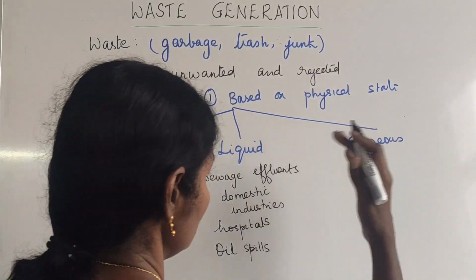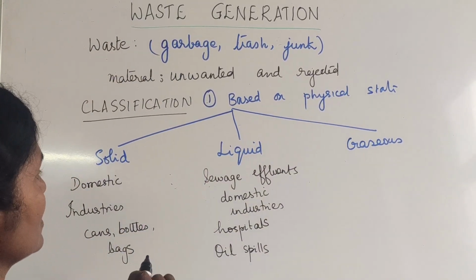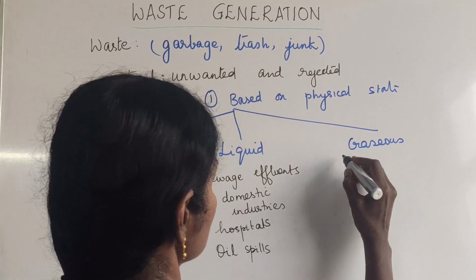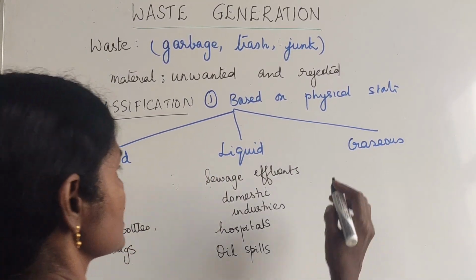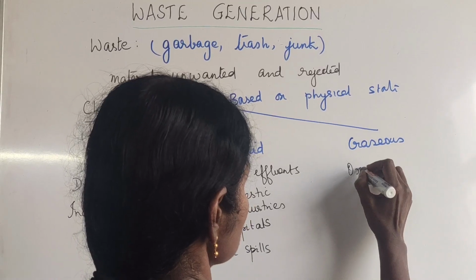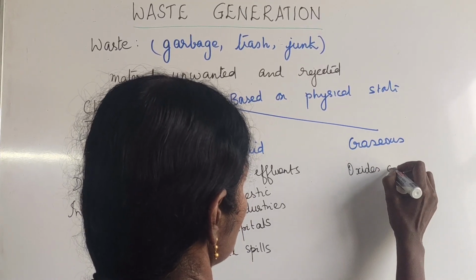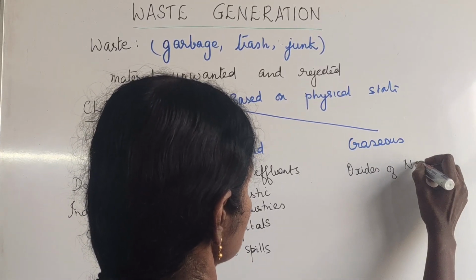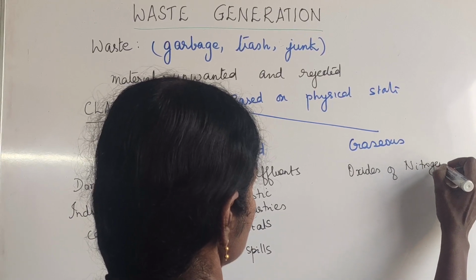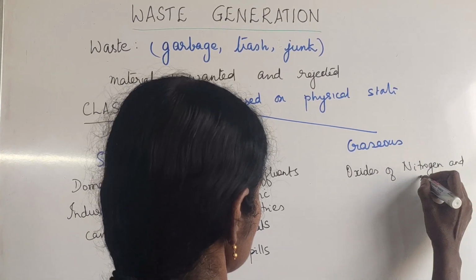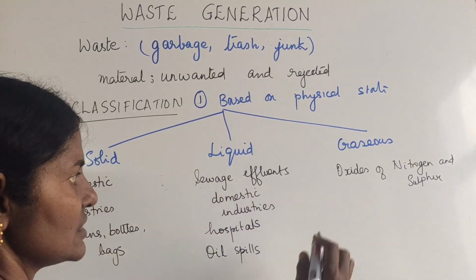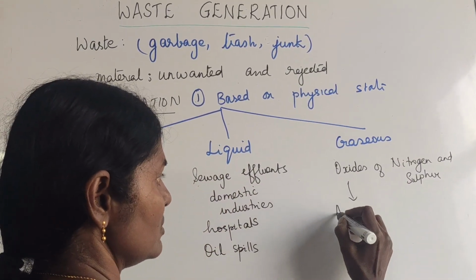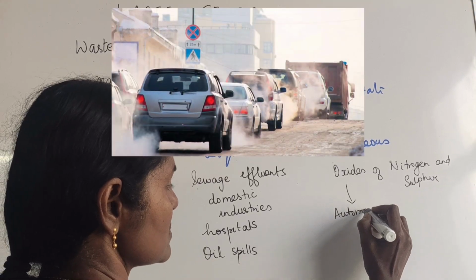And now we go to the gaseous kind of waste. This we have due to our vehicles and other things. We do have oxides of nitrogen and sulfur. These actually come from the automobile exhaust.